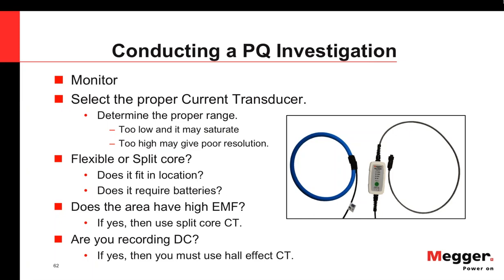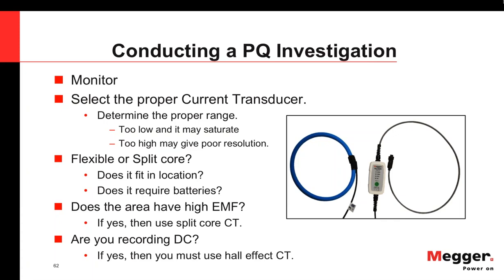If you select a current clamp where the range is too low and the current goes too high, on a split core you may saturate it. If you select a current range that's too high, you'll get poor resolution. So we want to get the proper current range selected within a given area.